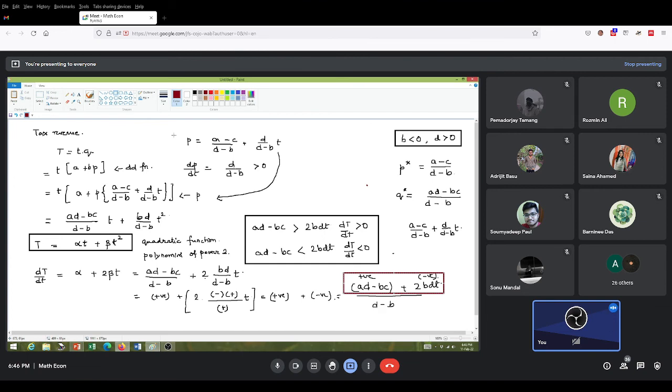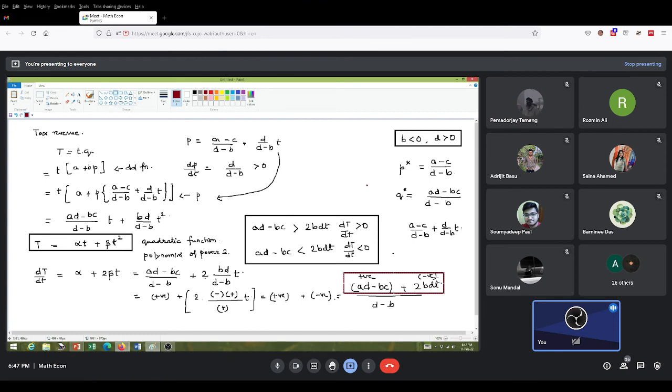Okay, so that means at some range, if you are increasing tax, what will happen to revenue? At some range, revenue is going to go up if this is satisfied. On the other hand, it's quite possible to have a certain range when this condition is satisfied.